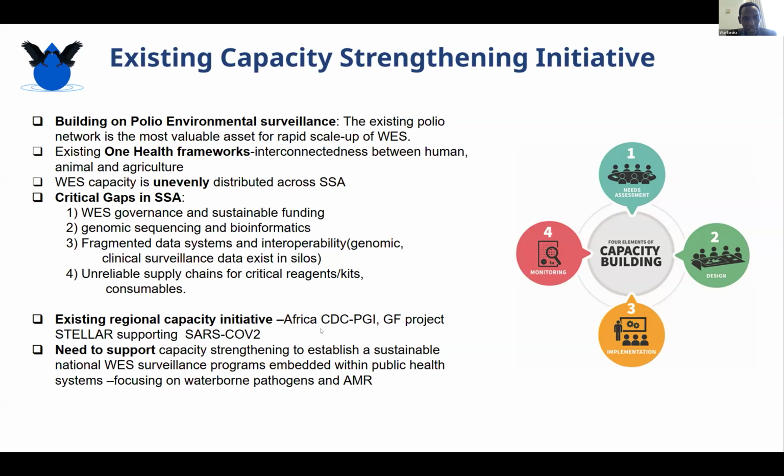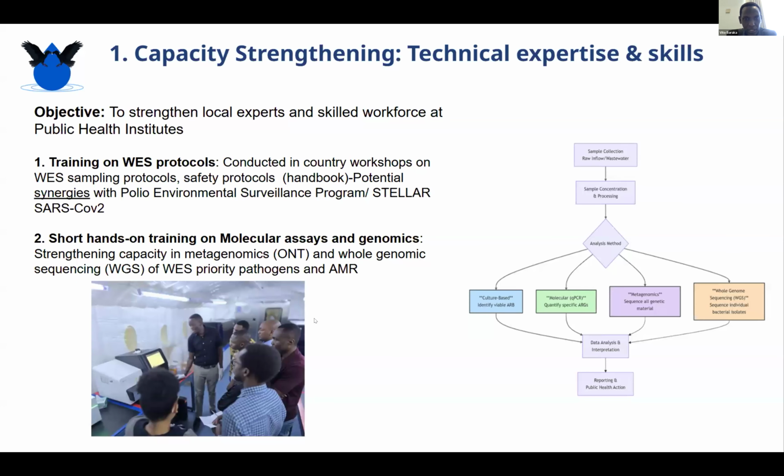So the vision, as my previous colleague mentioned, is to have a sustainable wastewater surveillance program embedded in our surveillance systems across the region. And we've prioritized the waterborne pathogens and AMR as a proof of concept, but with wastewater, the possibilities are enormous and they could be expanded.